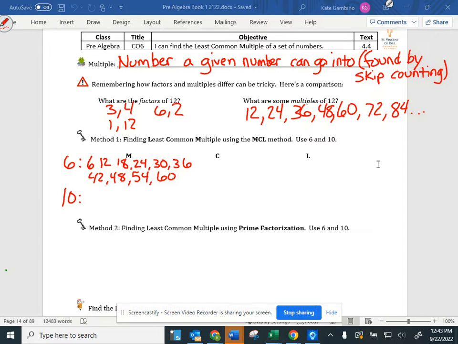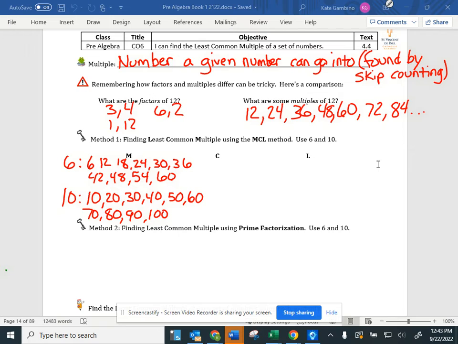So 10 times 1 is 10, 20, 30, 40, 50, 60, 70, 80, 90, 100. Now, I could have stopped at 60 because, look at that, 30. Or 30.